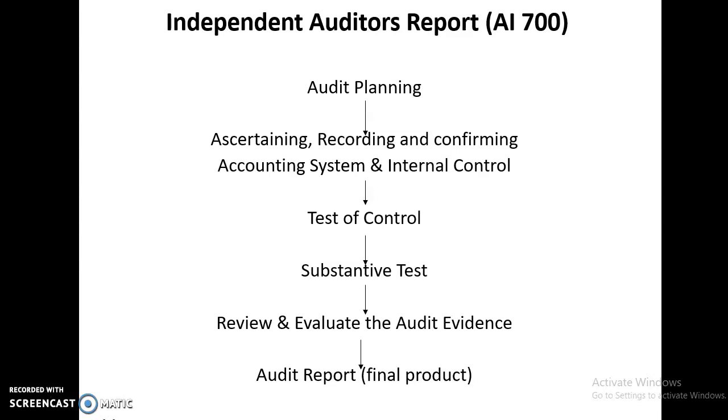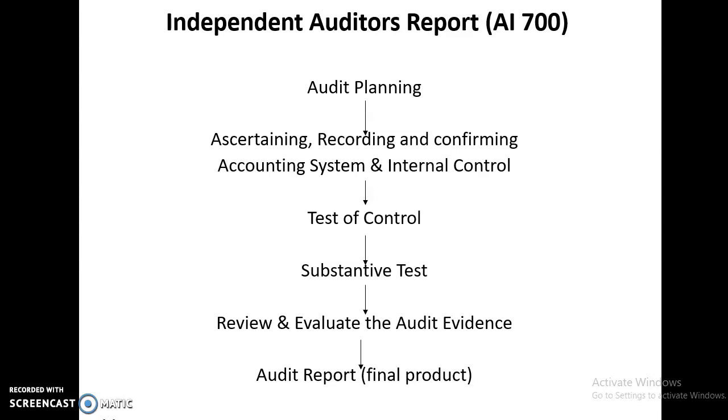Now, we have been learning in our earliest chapter about audit planning, and we try to ascertain the internal control system of our client. We perform certain procedures, we perform tests of controls, and then substantive tests, and then we review and evaluate the audit evidence from our audit procedures and documentation.